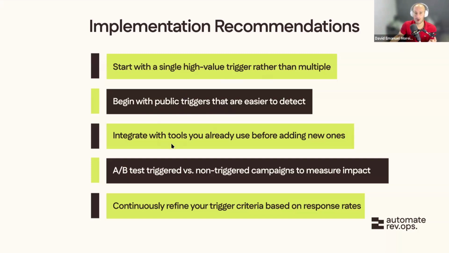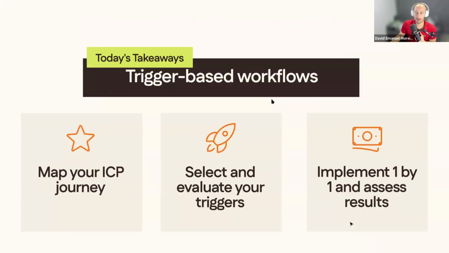Integrate tools that you already know and are already using. For instance, Clay has a lot of triggers that you can integrate in no time. A/B test triggers versus no triggers to assess if a trigger works for you or not. And obviously, continuously refine your trigger criteria based on the response you get.